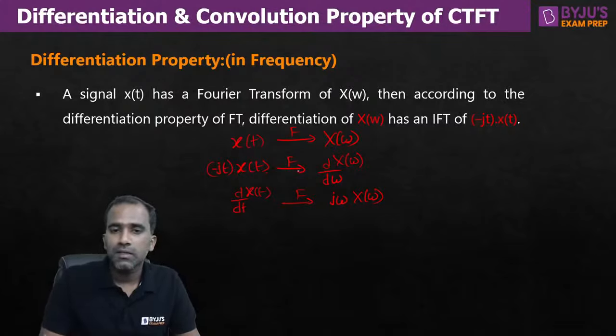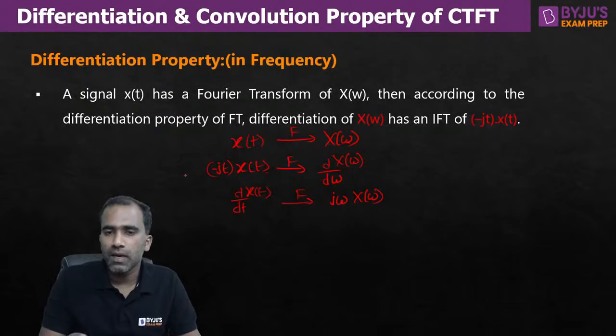But the only difference is if you are doing differentiation in frequency domain, then there is an extra minus sign. That is the only difference. Differentiation in one domain gives a multiplication factor of j times the variable in the other domain, and there is an extra minus sign whenever differentiation is happening in frequency.